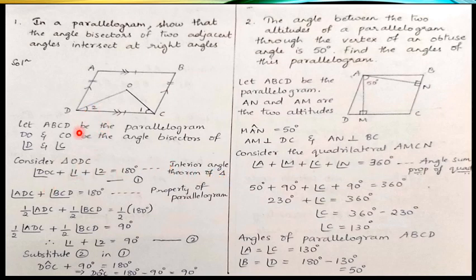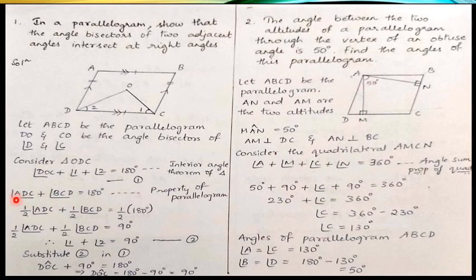Now observe these two angles, angle ADC and angle BCD. One of the properties of a parallelogram says that adjacent angles of a parallelogram are supplementary. So angle ADC plus angle BCD is equal to 180 degree.